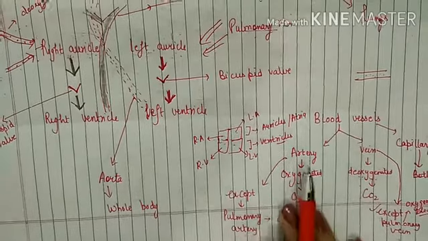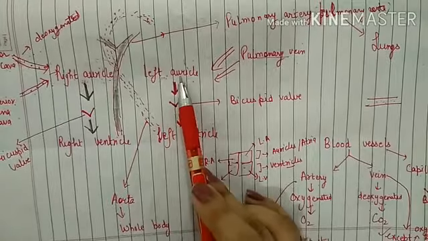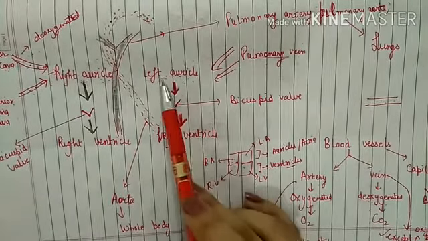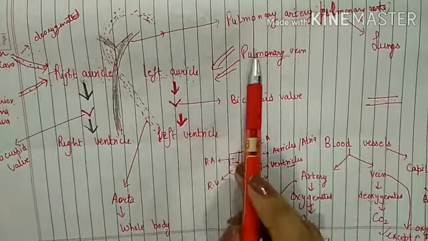So here we have now studied the left auricle. It is a receiving chamber and it will receive the blood from the pulmonary vein. And in the pulmonary vein, now we know, oxygenated blood is present, means oxygen rich blood is present.